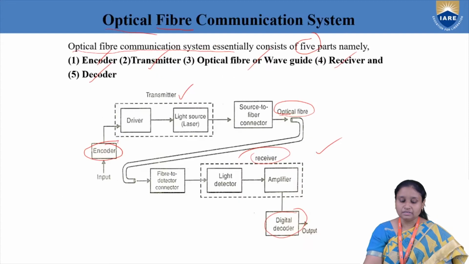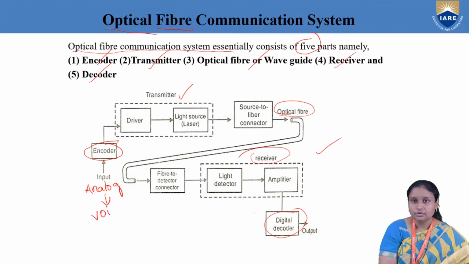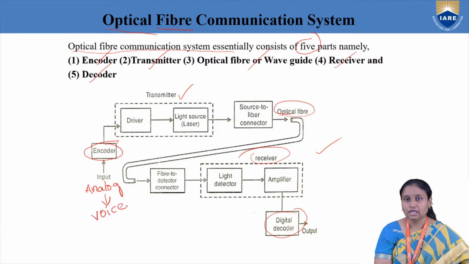Suppose I am sending analog input. What do you mean by analog input? Analog input means your crude information, like voice. It can be figures, objects, or even your television.